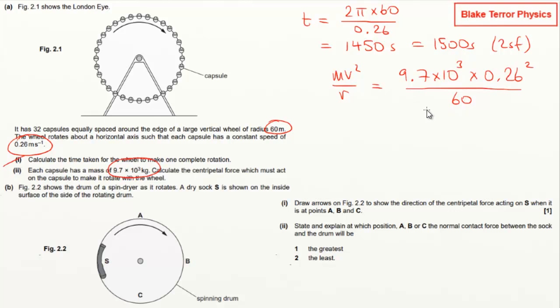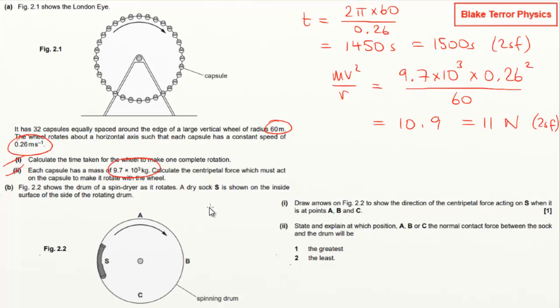Right, that's not going to be a very big number. 9.7 times 0.26 squared divided by 60 is 0.0. We've got this 10 to the 3 still come in, so it'll be 10.9, which is 11 newtons, again, to our accuracy.